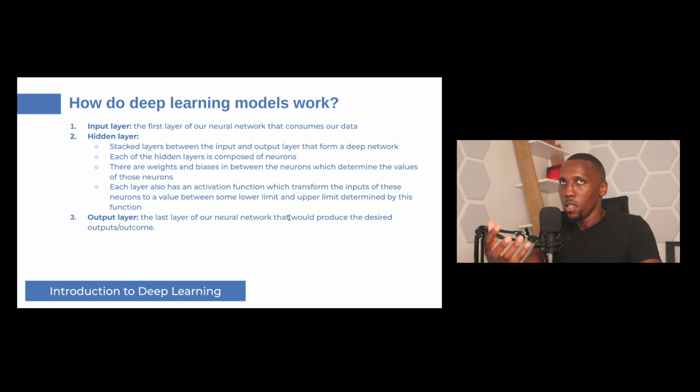So the inputs, which are just values from the previous layer, would determine the value of the neurons in the hidden layers, and the activation function would ensure that the end result values are transformed between some lower limit and upper limit, and there are different kinds of activation functions that you would come across.